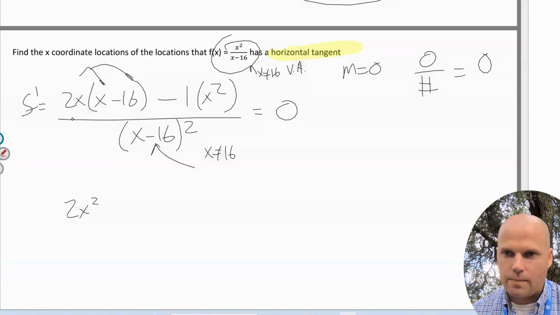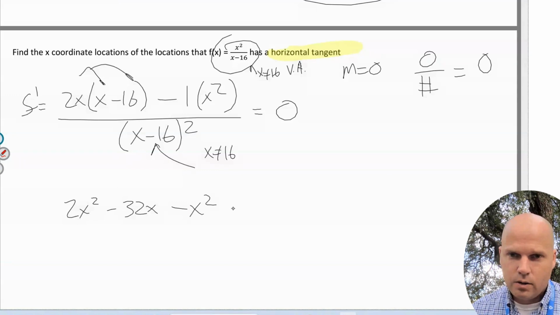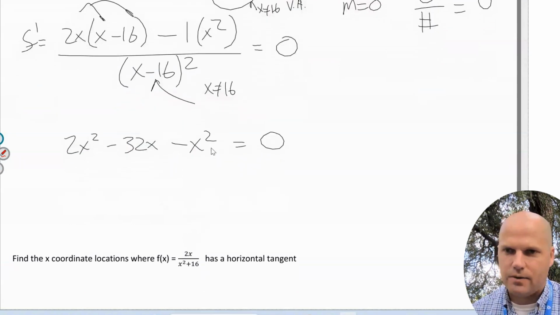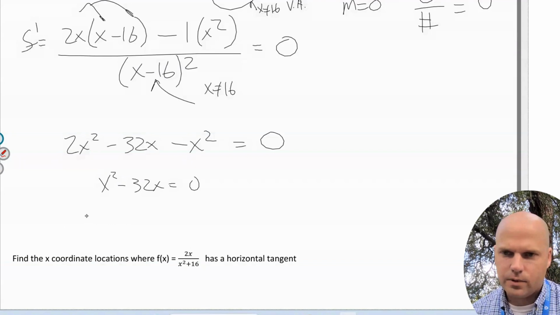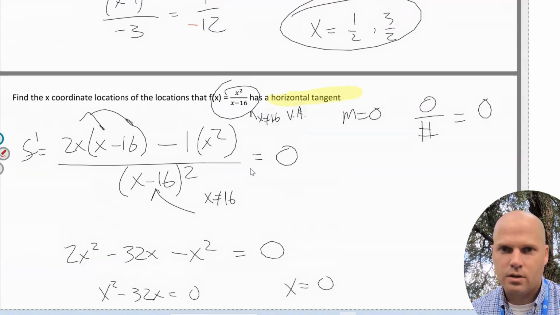So I'm going to distribute. I got 2x squared minus 32x minus an x squared. When does that equal 0? That's the only part that I care about. And I get x squared minus 32x. That was a nice breeze. And I get x times x minus 32. I get when x is 0 and when x is 32. Am I asked for the x coordinates?